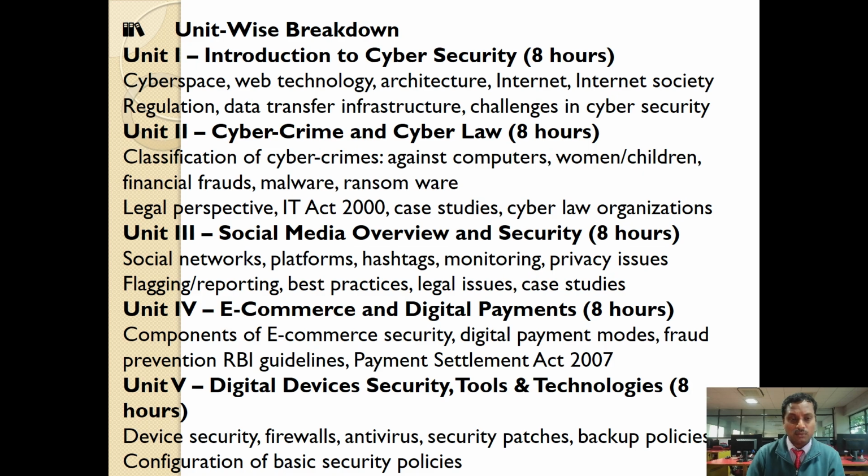And then obviously you have heard about financial frauds. Nowadays there are so many people who commit fraud against innocent people. Next, what is malware? Malware is a kind of virus itself. How exactly it works and how it affects the system, that is all about malware.